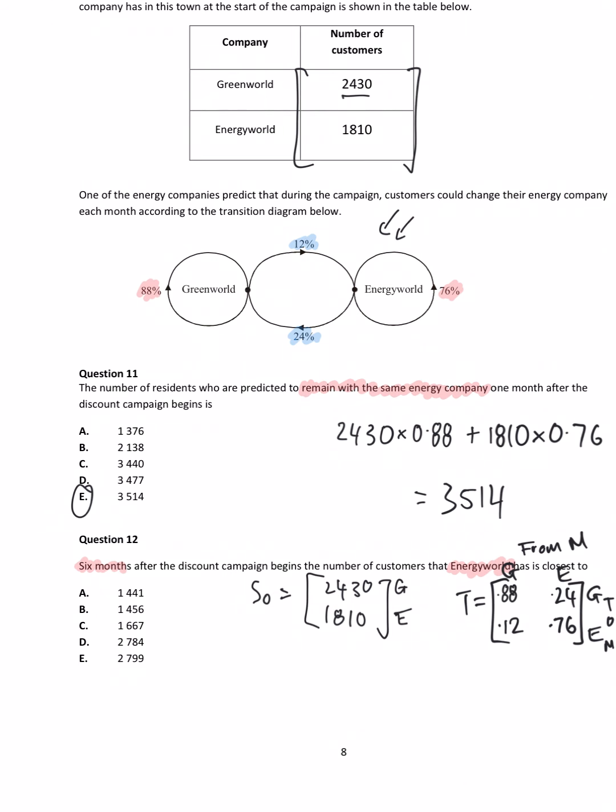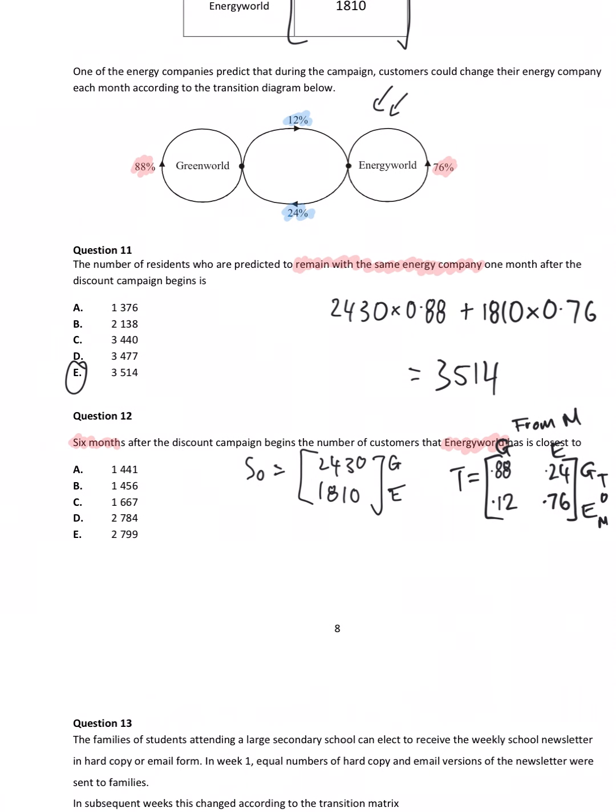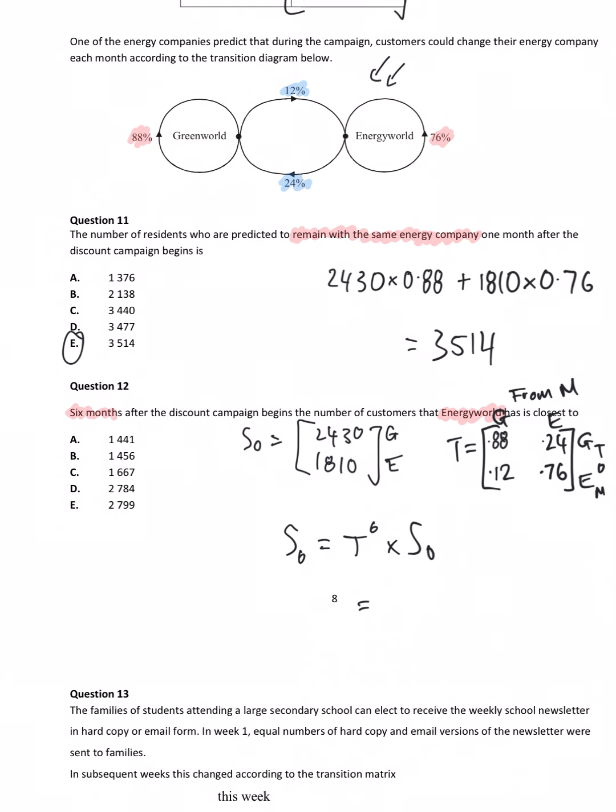Cool. We're just trying to find after 6 months, so essentially we're going to find S6. We're going to do a transition matrix. If you don't want to do them one at a time, just do it to the power of 6 times the initial state, and we'll see what that gets us.